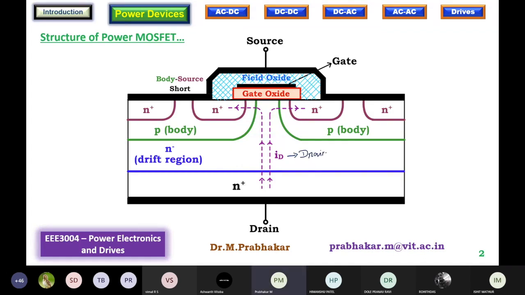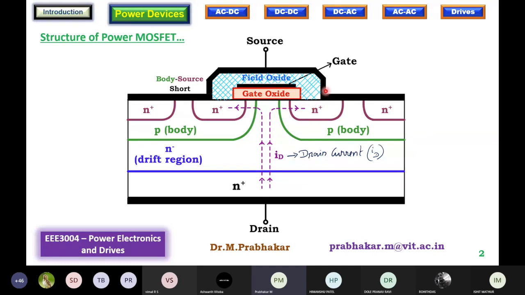The drain current starts from the drain and then it has to flow into the semiconductor material and then it has to flow to the source terminal. So that is the path for drain current.